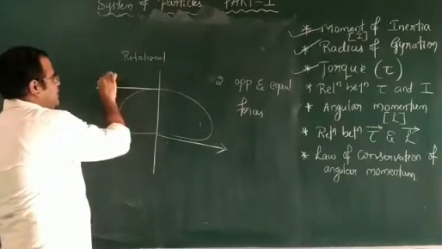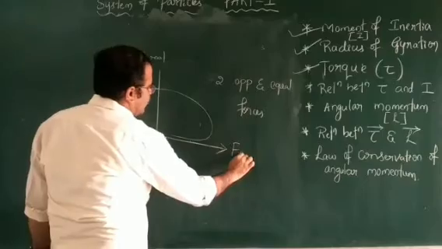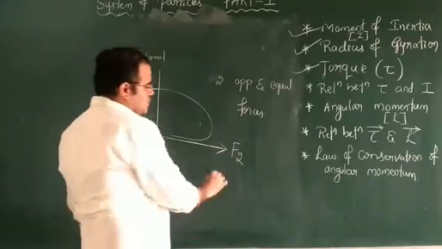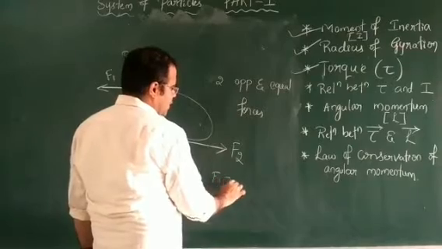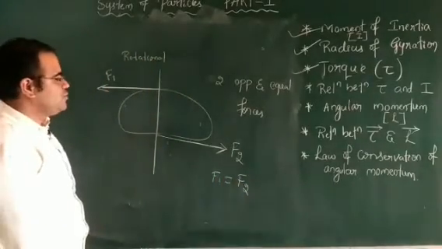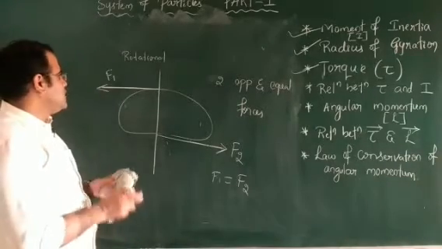One force has some magnitude F1 and the second force has magnitude F2. Now, both forces should be equal, so F1 should be equal to F2, and these two should be in the opposite direction.